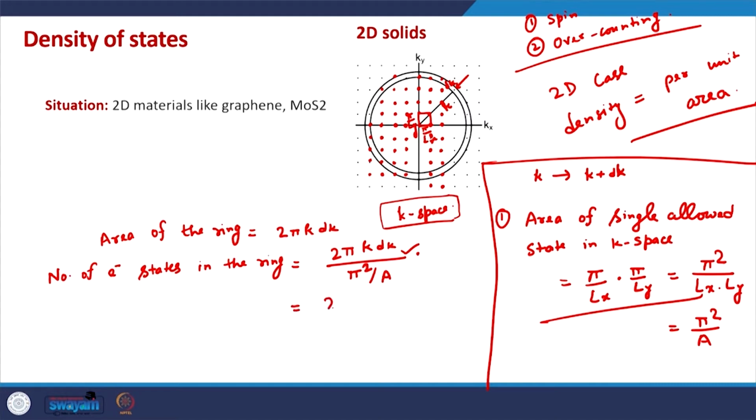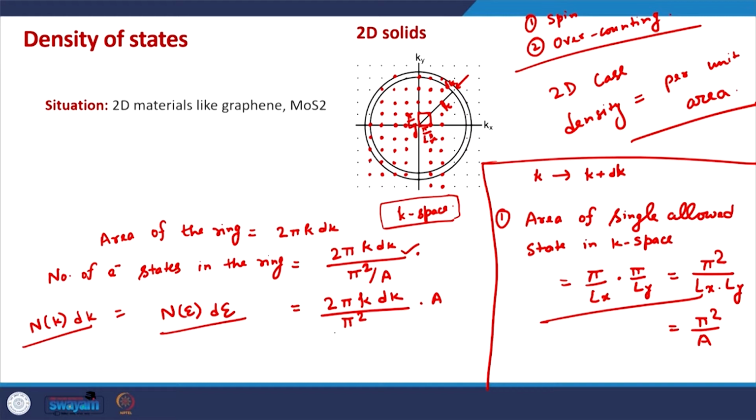So, these are the number of electronic states in the ring essentially. These are the total number of electronic states in a range from k to k plus dk, and this is denoted by Ne times dE, also by Nk times dk.